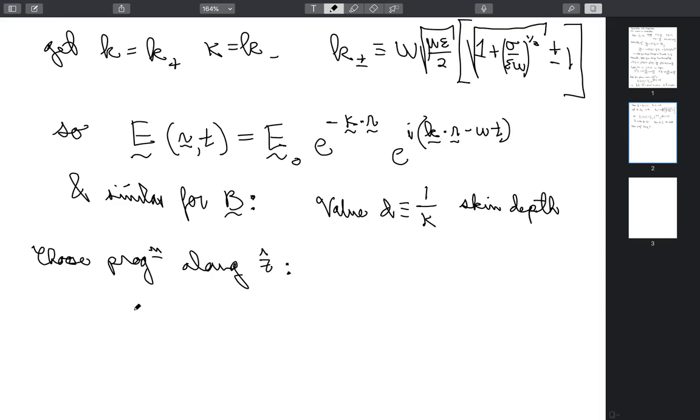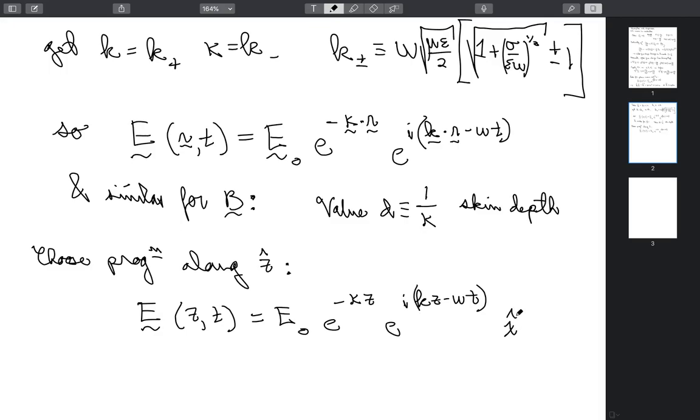So what I mean here is that we'll put the electric field to be a function of just z and t, and this is going to be some E0 e to the minus kappa z, e to the i kz minus omega t, and the polarization is going to be chosen so that the electric field is along the x-axis.